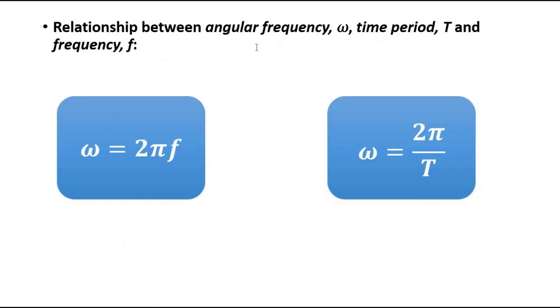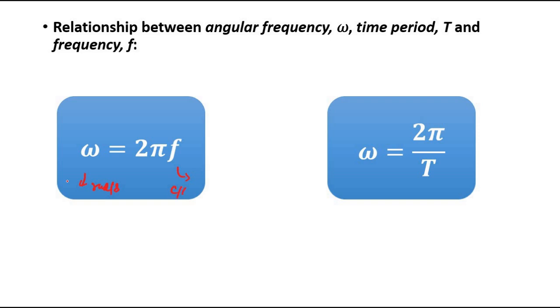Again, the relationship between angular frequency omega and frequency is omega is equal to 2 pi f. The angular frequency is expressed in radians per second, and frequency is expressed in hertz, cycles per second.